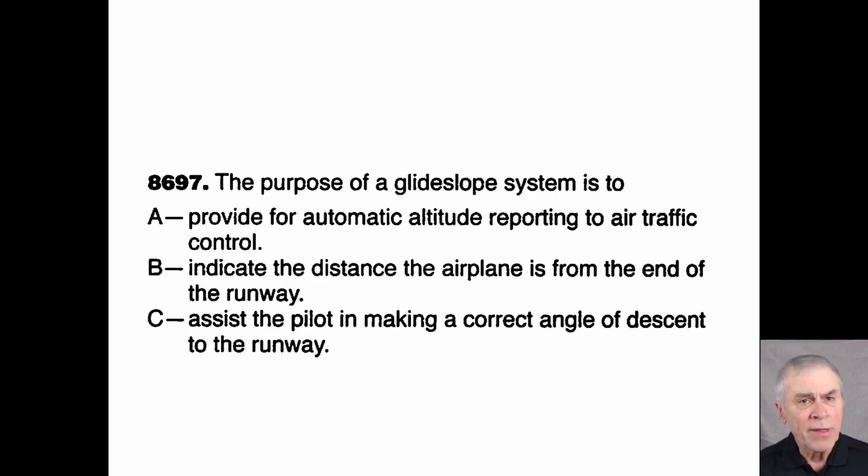They always want to give you that distance. I would say it's not the right answer for this one either. Or C, assist the pilot in making the correct angle of descent to the runway, the glide slope, the sloping angle.